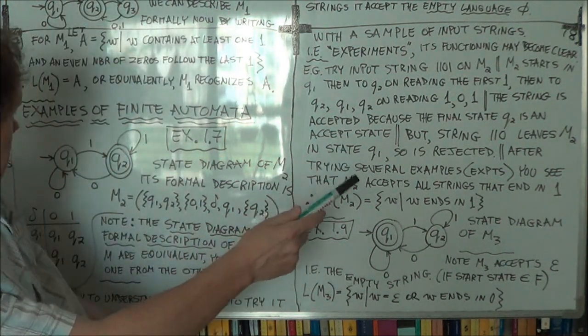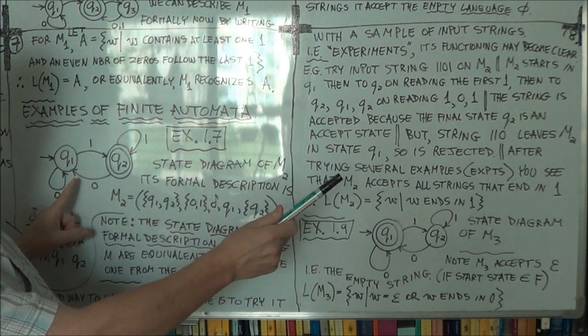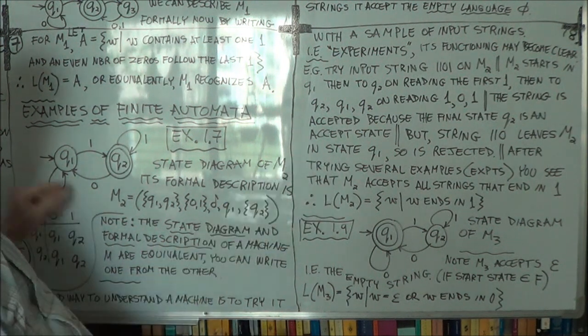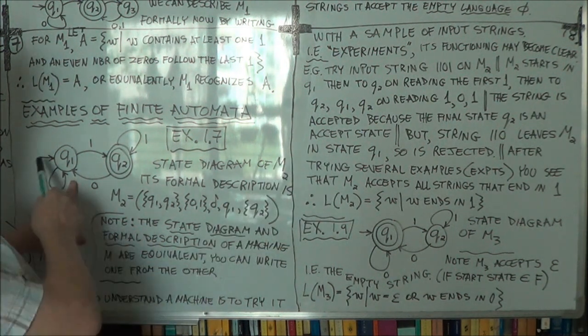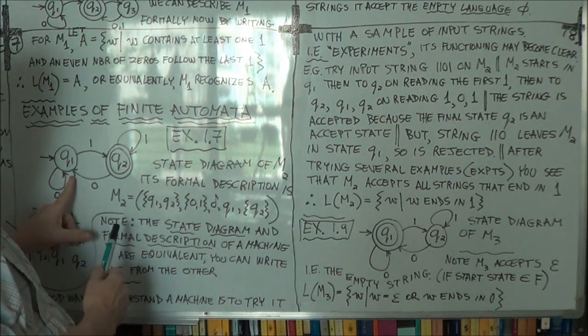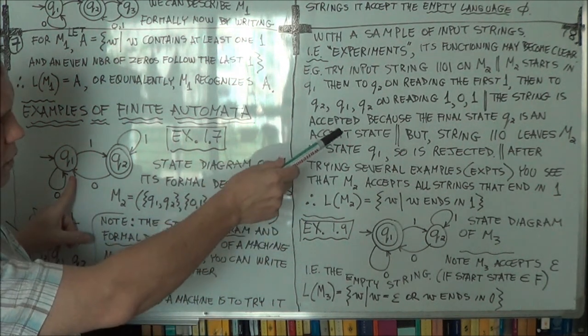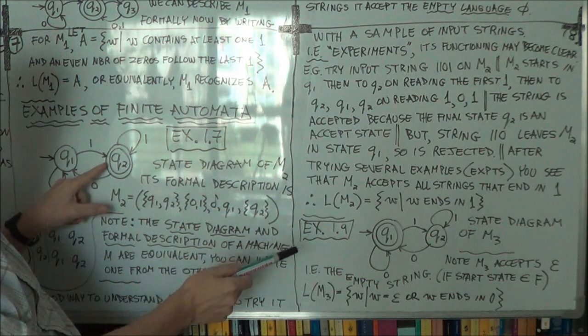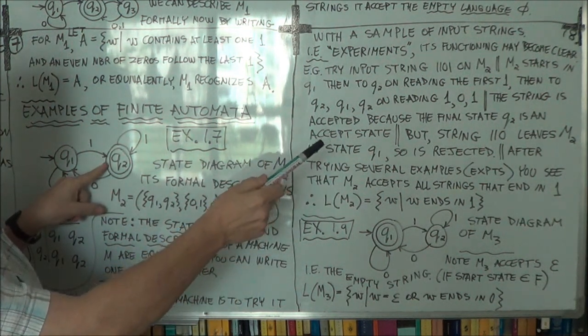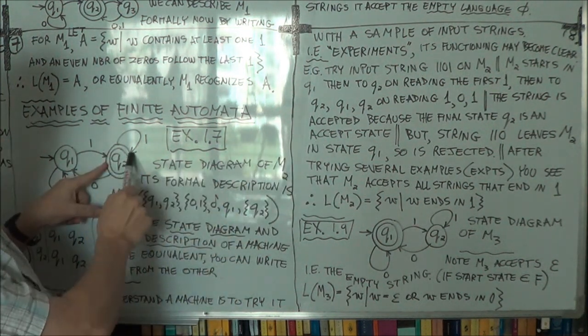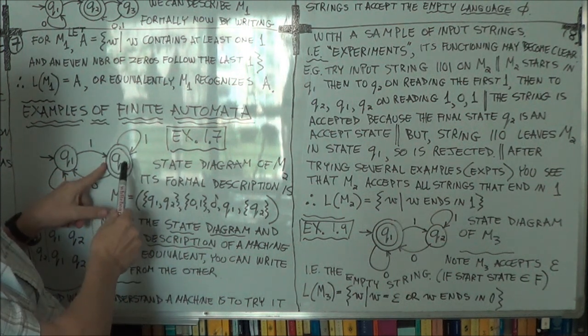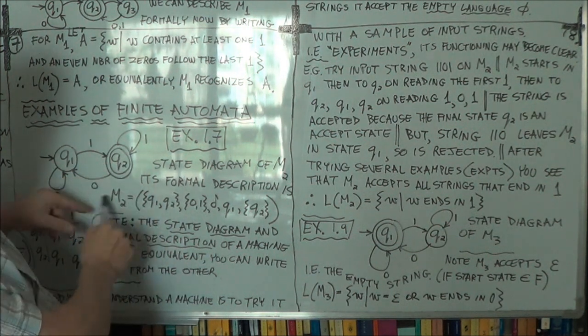Alright, so I'll use my finger again. Now the start state is Q1, we know that from this arrow. So we start in Q1 and we read 1. Okay, so now we're in Q2. Then we read 1 again, back to Q2. And then we read a 0, takes us to Q1.